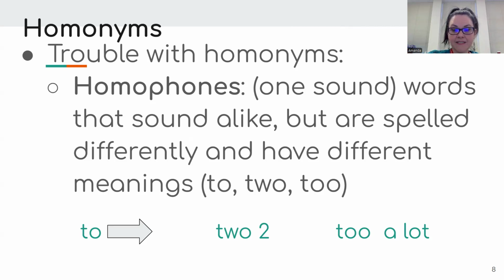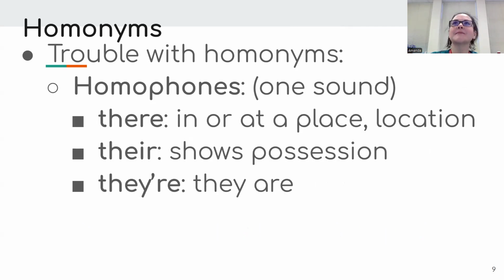And then our third form is T-O-O. This one has two letter O's and it means a lot or very. For example, a lot of people say, I am too loud. And I am, but that's who I am, right? So all three of these are two. They're all homophones.